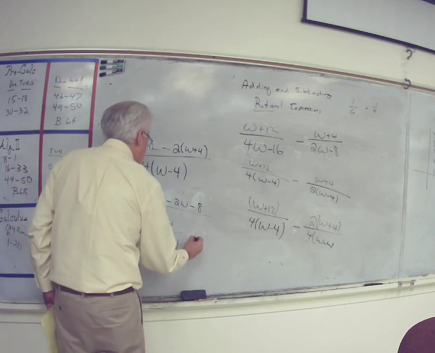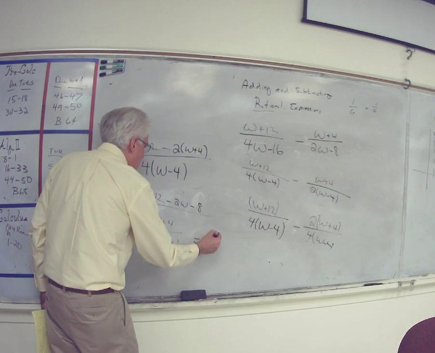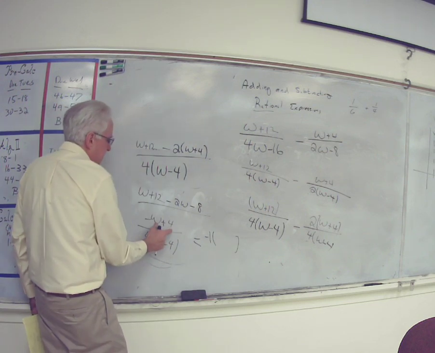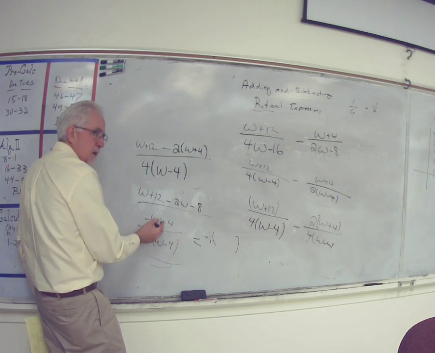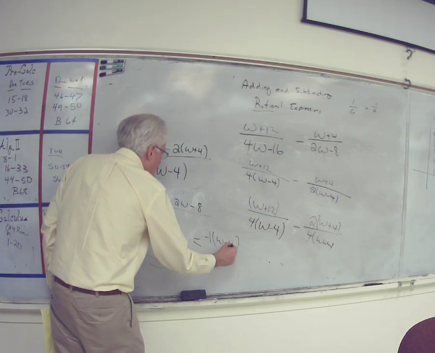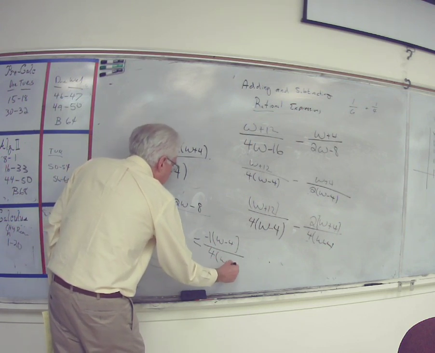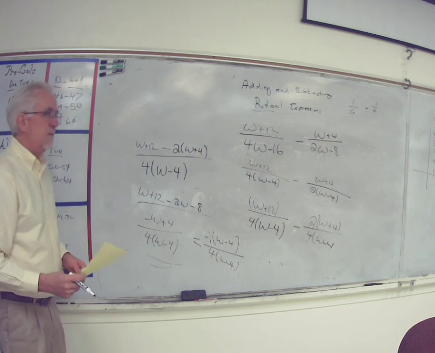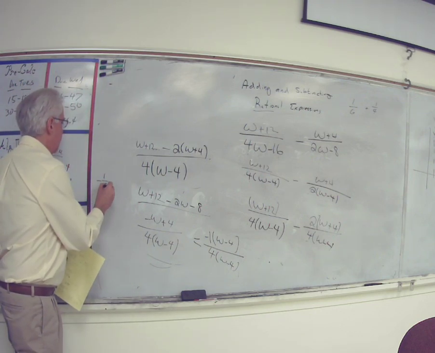What I could do is factor out a minus 1, so I have minus 1 times... if I factor out a minus 1, it's w minus 4 over 4 times w minus 4. w minus 4 over w minus 4 makes 1, and so the answer is minus 1/4.